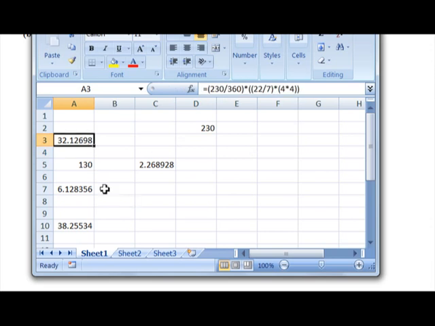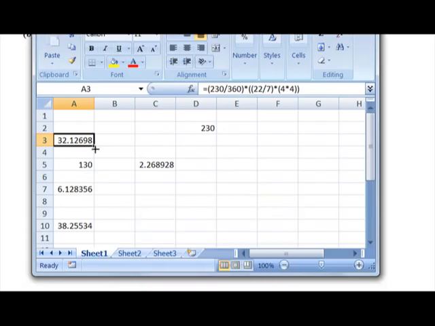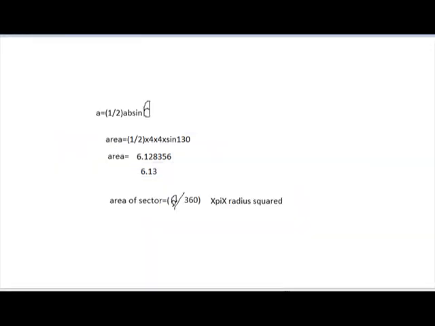That's great, right? After we do that, to calculate the area of the sector plus the area of the triangle, that's 32.1. Let's just note that down. That's the area of the sector.